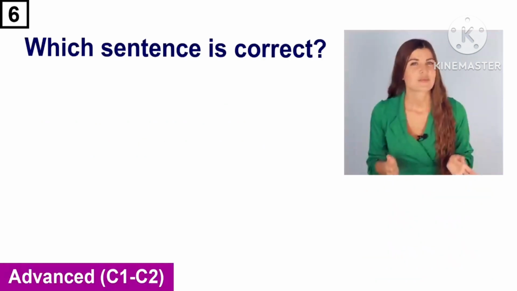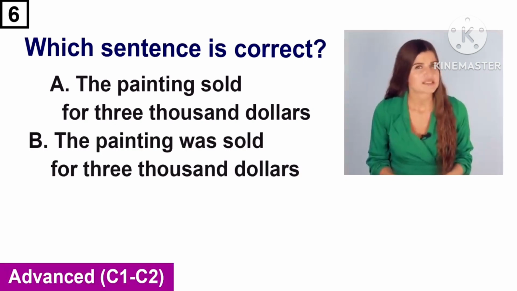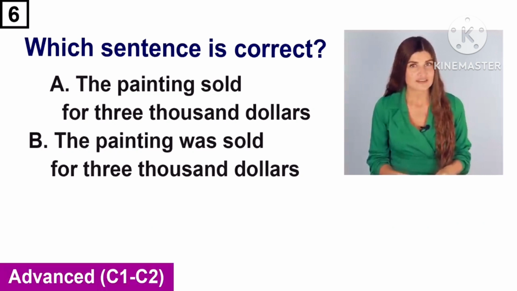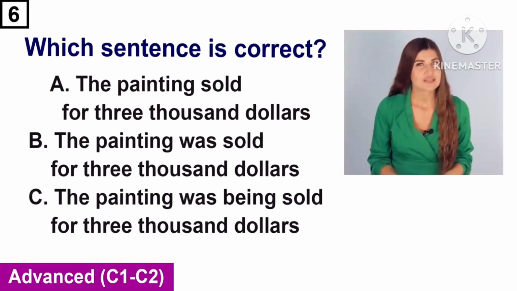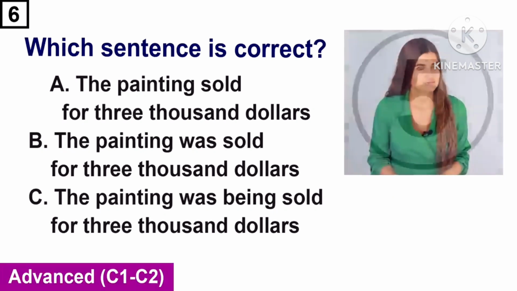The next question, which sentence is correct? A. The painting sold for $3,000. B. The painting was sold for $3,000. C. The painting was being sold for $3,000.